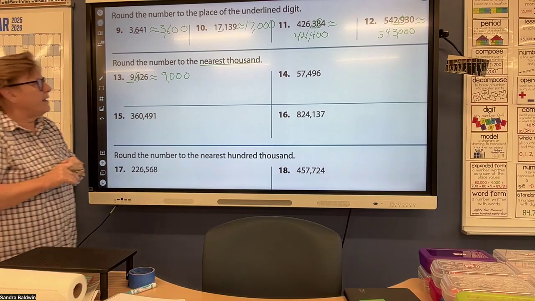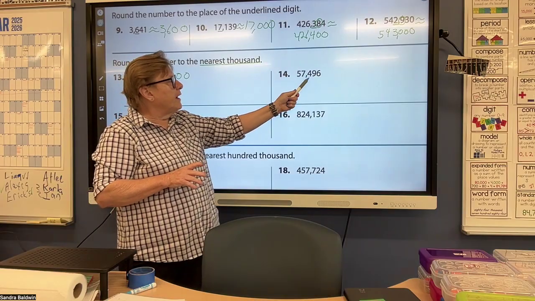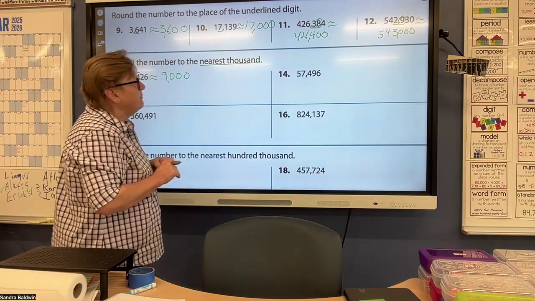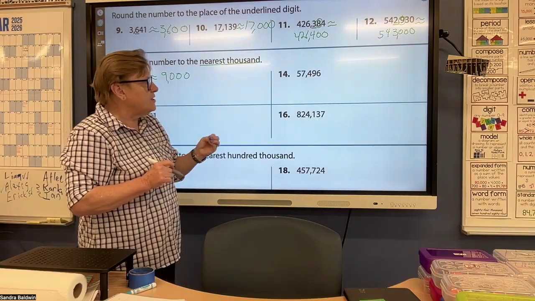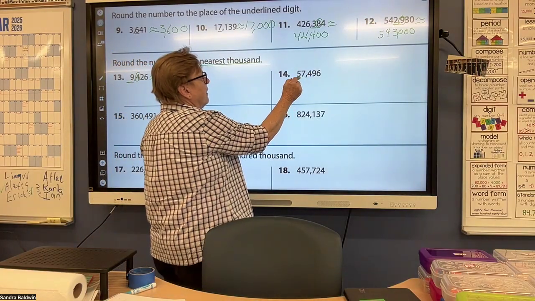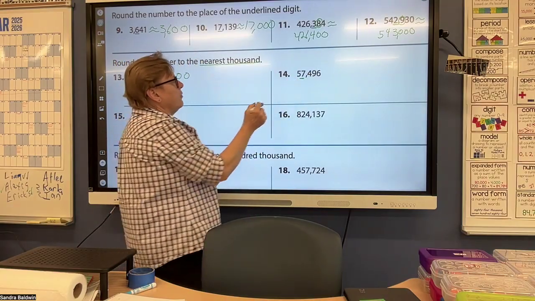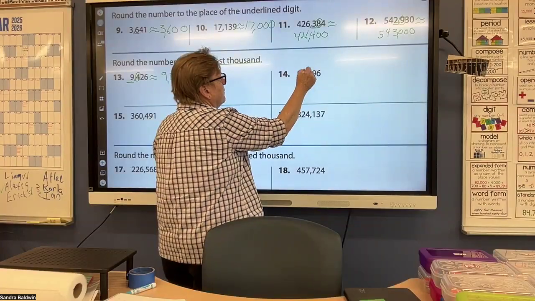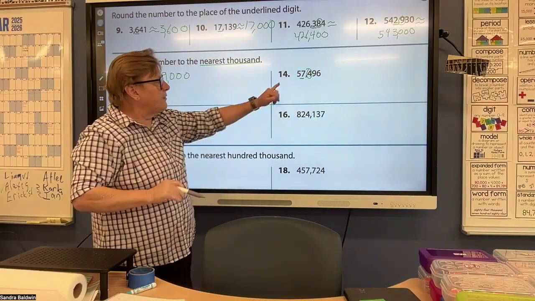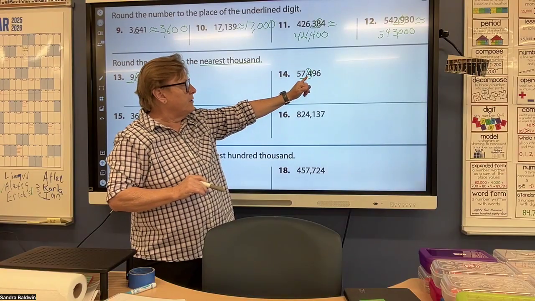For number 14, if we round 57,496 to the nearest 1,000, I have to find out what digit is in the 1,000 place. Ones, tens, hundreds, thousands. I'm going to underline it. I'm going to draw a circle. Since that's the thousands place, I'm going to draw a circle around the digit in the hundreds place.